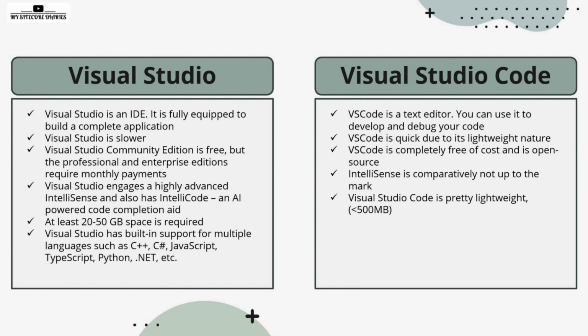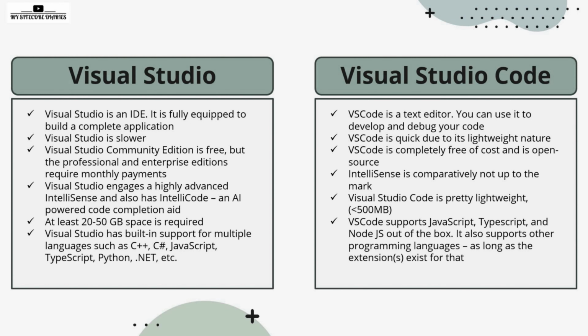Visual Studio has built-in support for multiple languages such as C++, C#, JavaScript, TypeScript, Python, .NET, etc. VS Code supports JavaScript, TypeScript, and Node.js out of the box, but it also supports other programming languages as long as the extension exists. So we will need an extension to use other languages in Visual Studio Code.